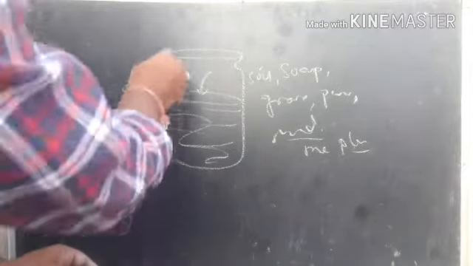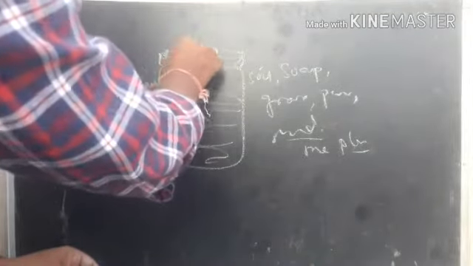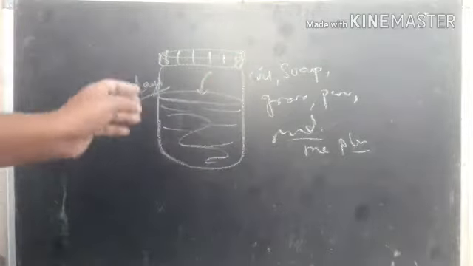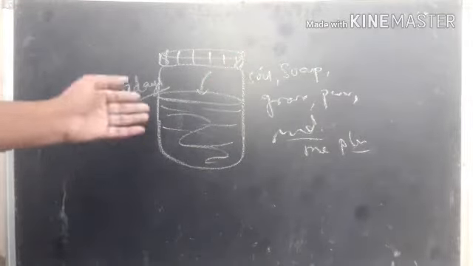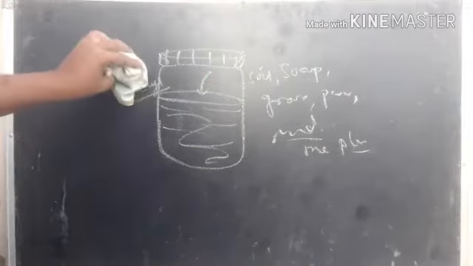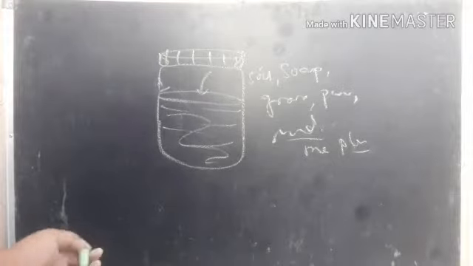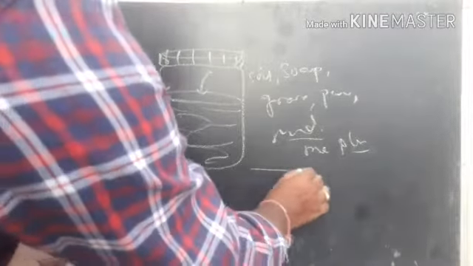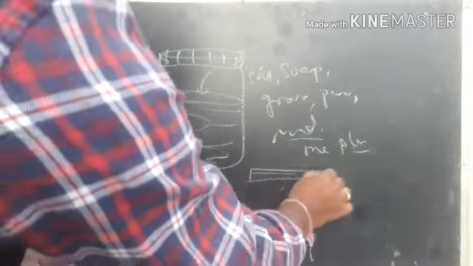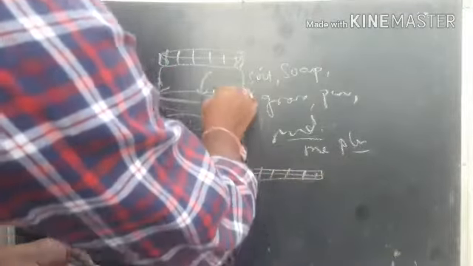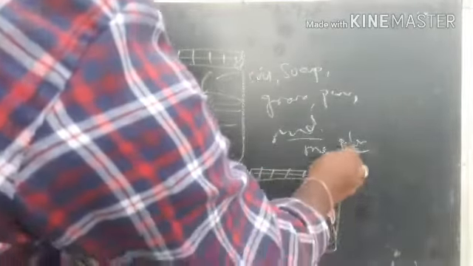Keep it for 2 days and close the lid. Then what happens? Within 2 days it becomes polluted and many microbes grow, and when you open it after 2 days, it gives a foul smell. Now by using a normal metal bar screen, you may pour the content into a beaker.